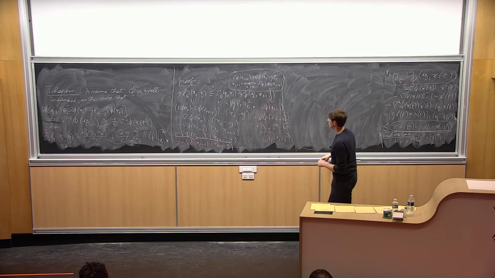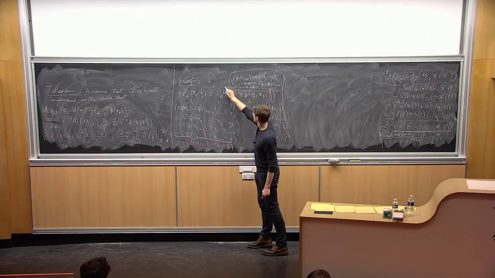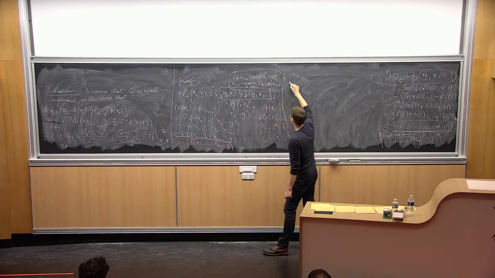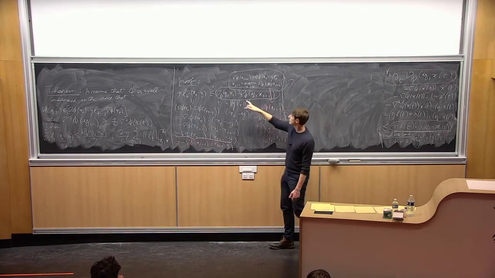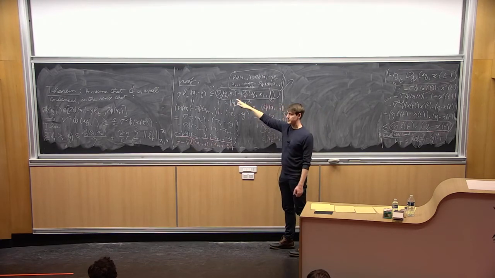Let's see what we want. What is this term? If I expand it using the definition of the Bregman divergence, you see that phi of y cancels.